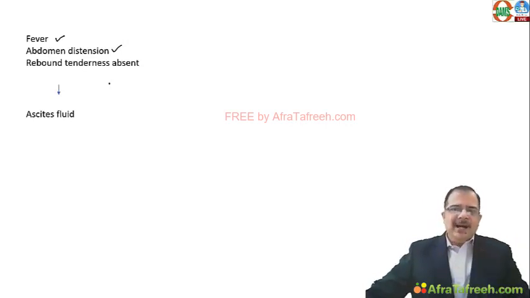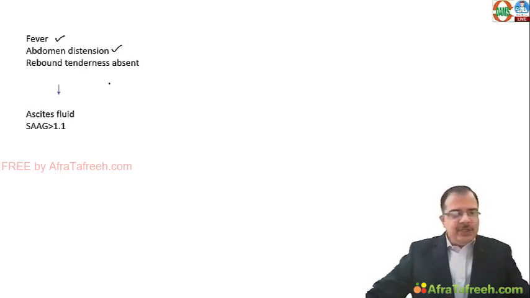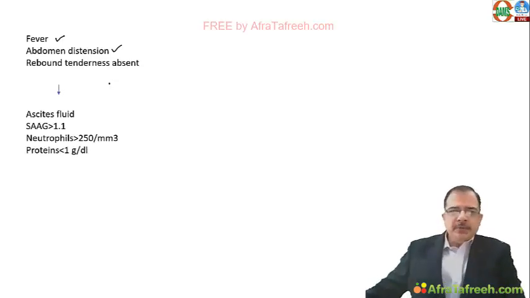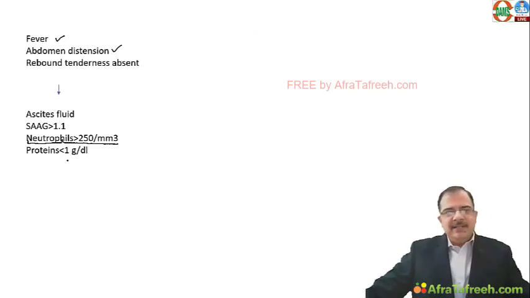And when we did the ascitic fluid analysis, SAAG comes out to be more than 1.1, neutrophils were more than 250, and proteins were less. The most important hallmark of this finding is that neutrophils are high despite the fact that protein levels are low.